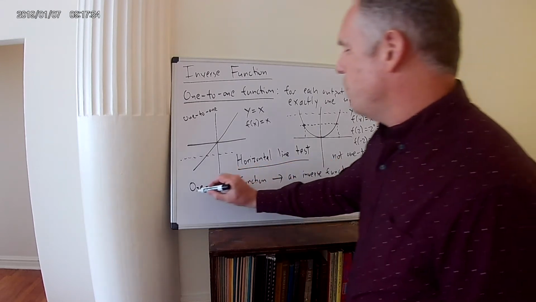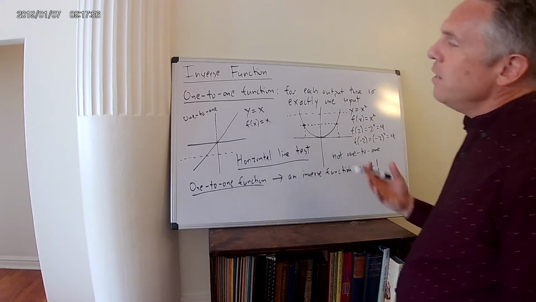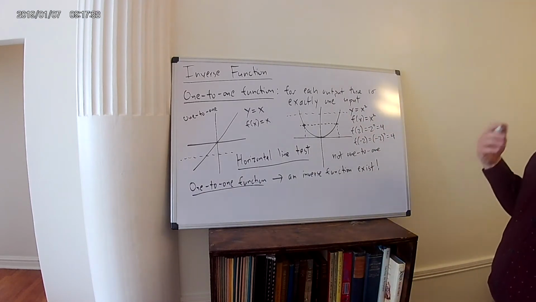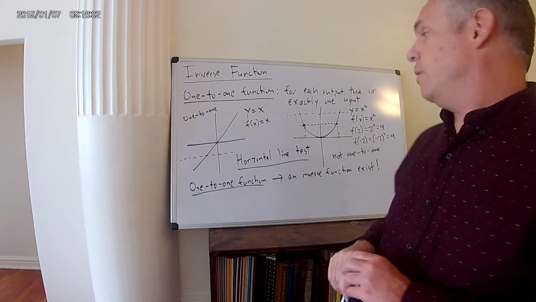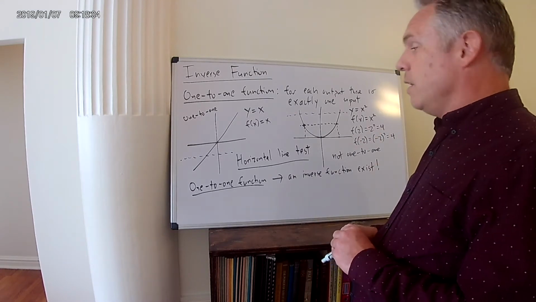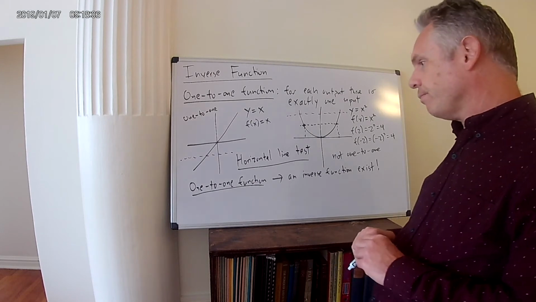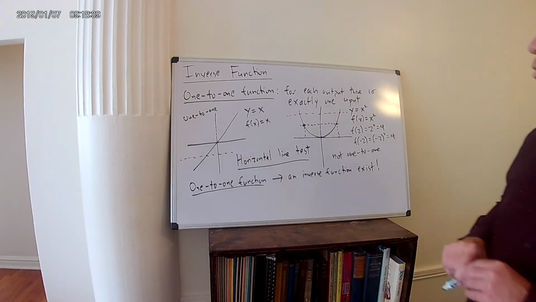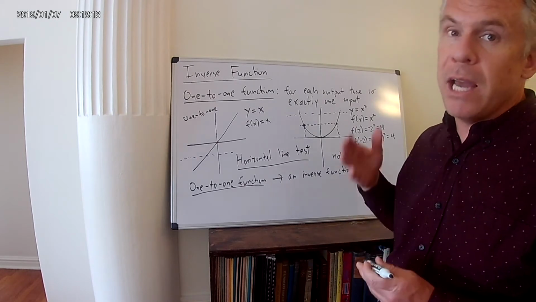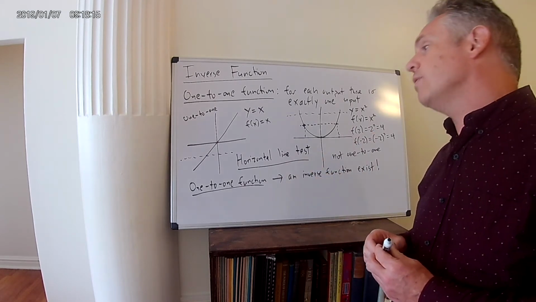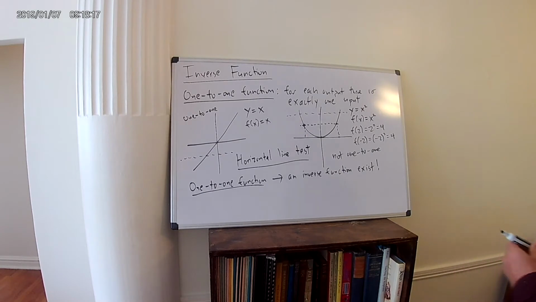So the importance of one-to-one functions is, if you find a one-to-one function, you can find an inverse function. If you don't have a one-to-one function, you can't find an inverse function. So that's an important point. That's why we care whether a function is one-to-one.